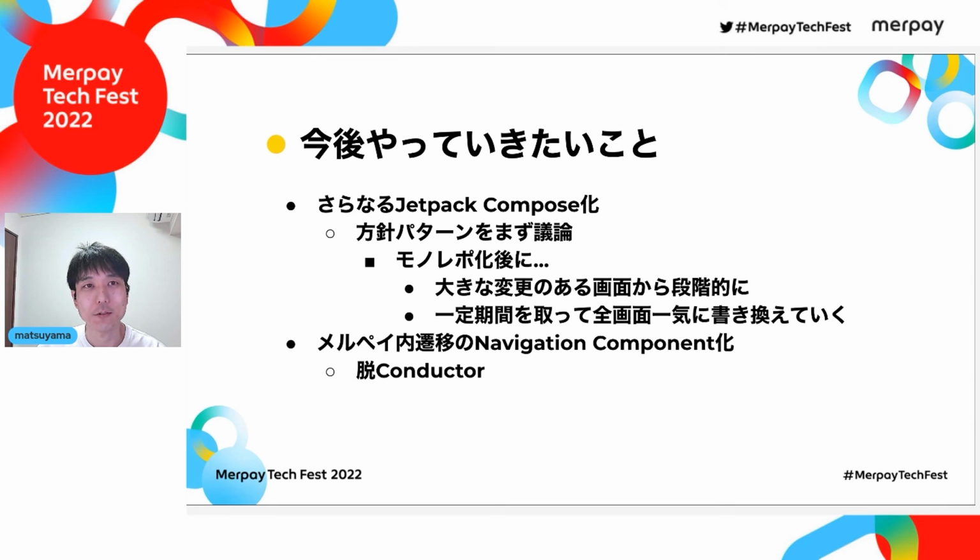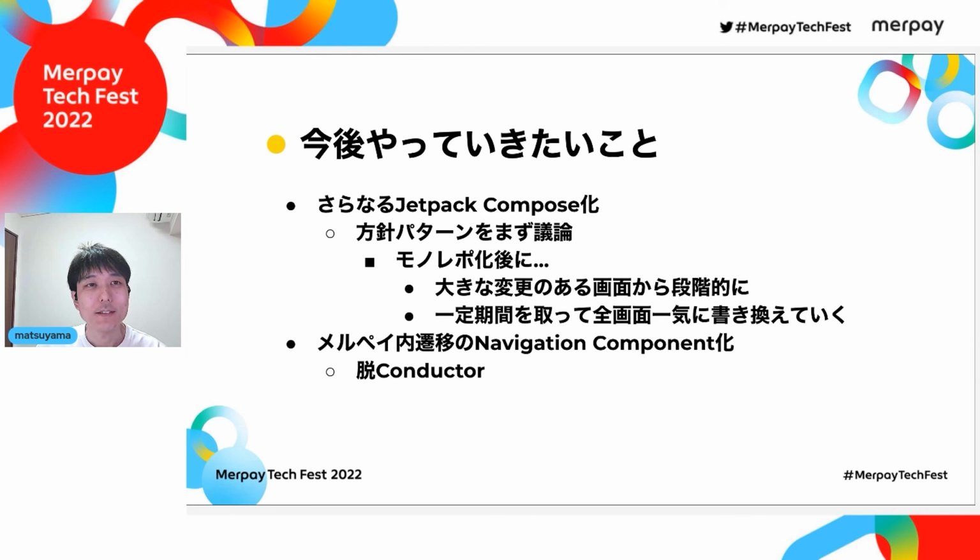We have to decide the direction first. The design systems are separate in Android View and Jetpack Compose. So I'd like to discuss this not only with the Android engineers, but also with designers and the iOS team. I think it's probably the former.